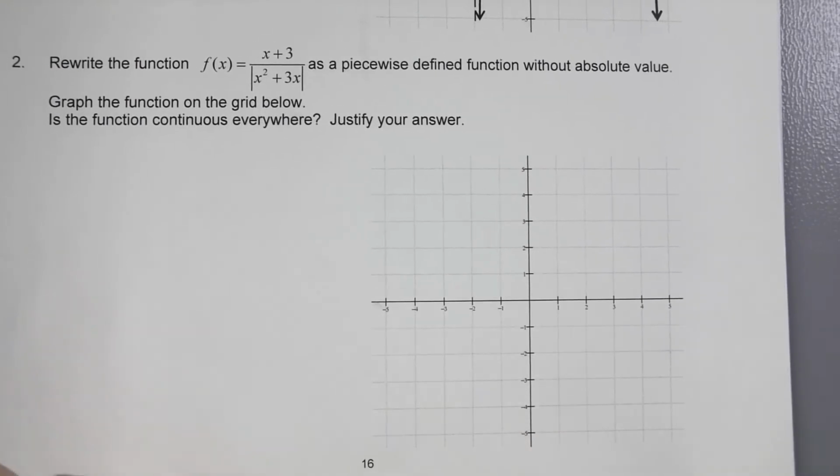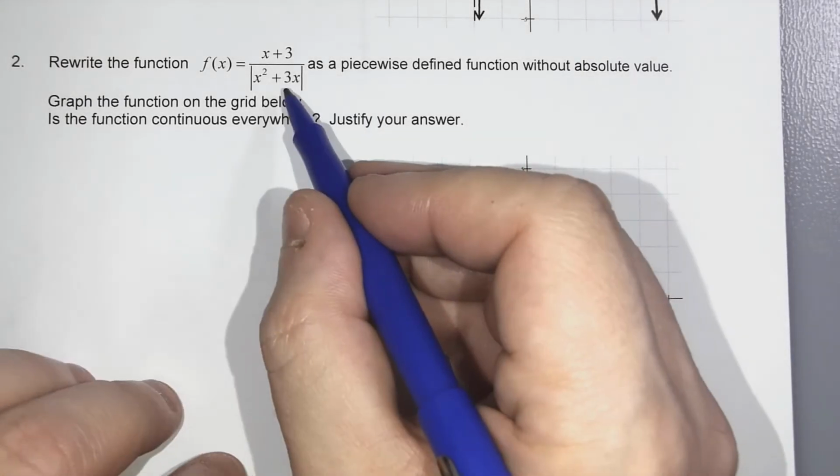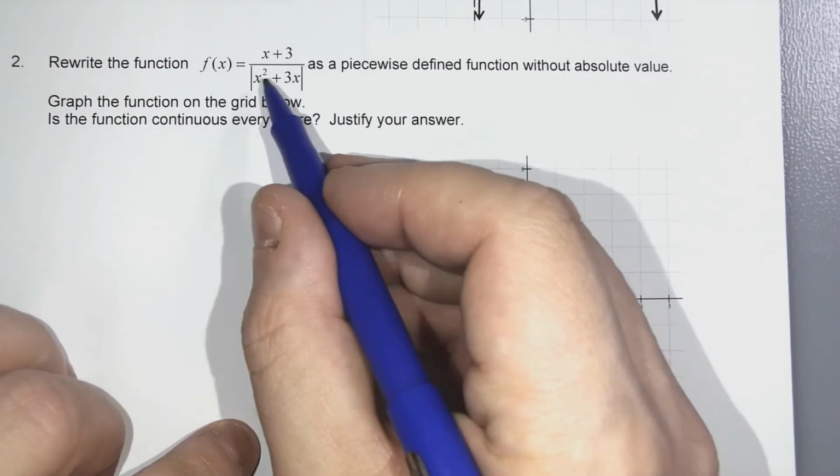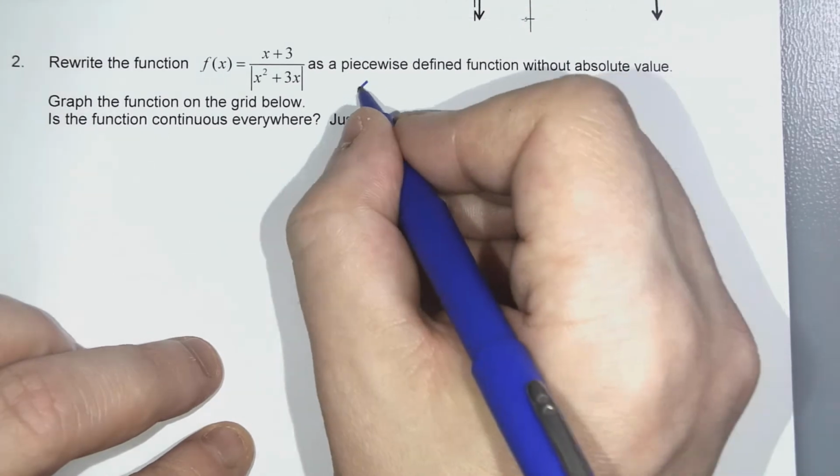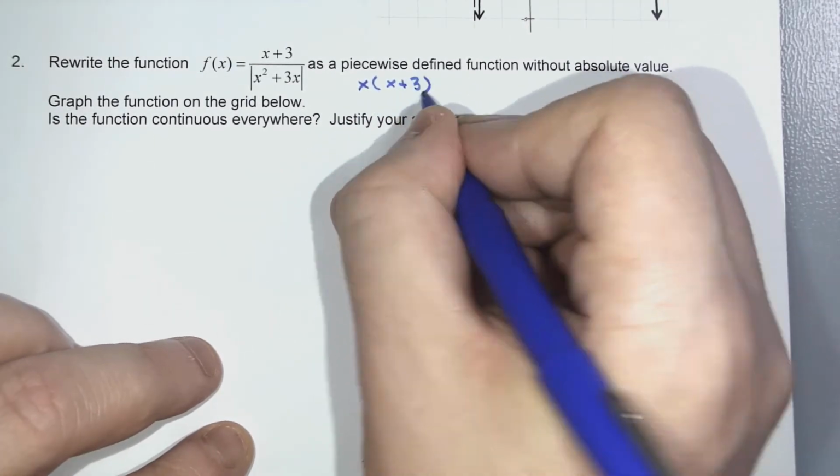Let's rewrite this function without an absolute value. So remember that an absolute value function gives its output if the input is positive, and it gives the opposite of the input when the input is negative. That's what absolute value does. So that denominator, notice, is x times x plus 3.